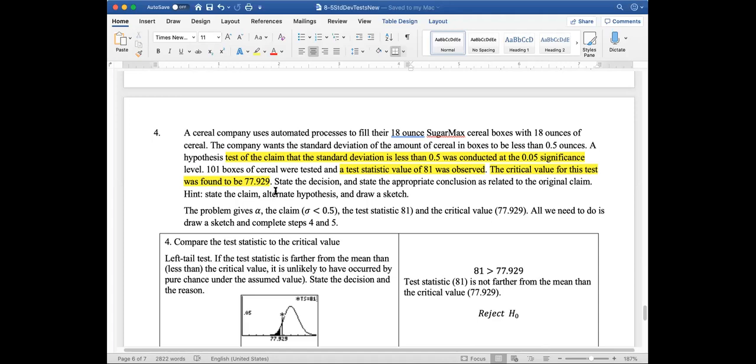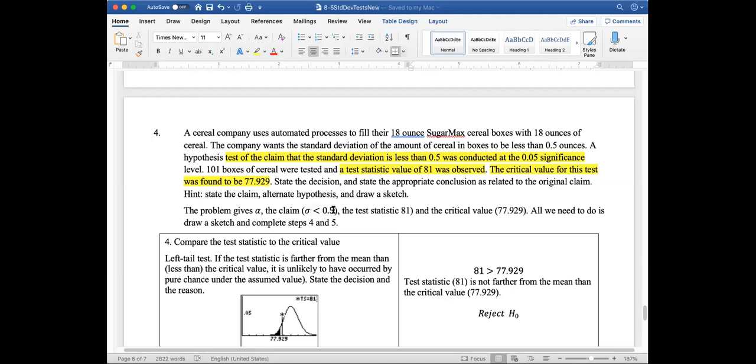101 boxes of cereal were tested and a test statistic value of 81 was observed. The critical value for this test was found to be 77.929. Okay, that's everything through step 3. We've got a claim, sigma is less than 0.5.